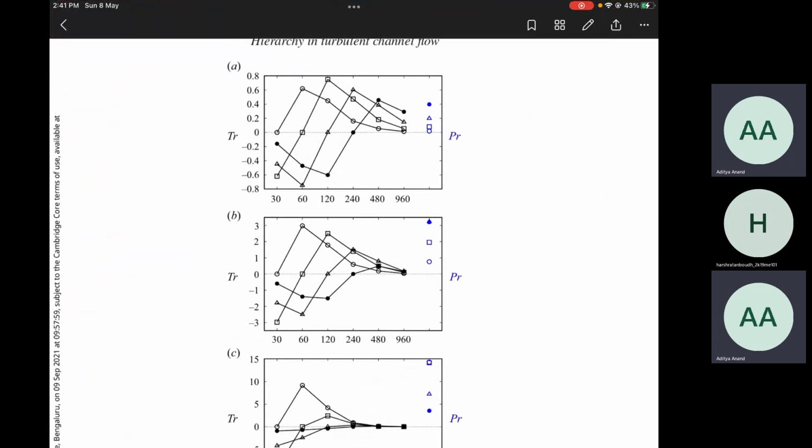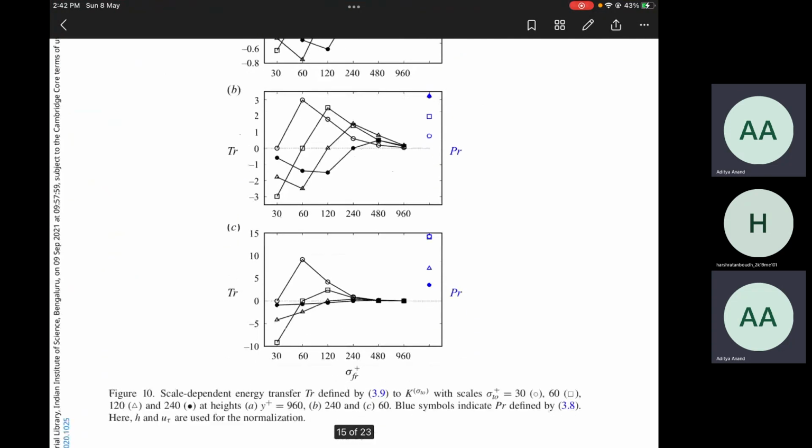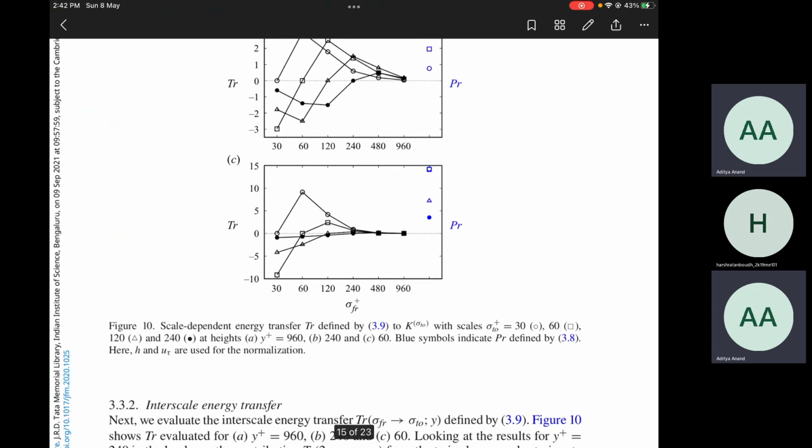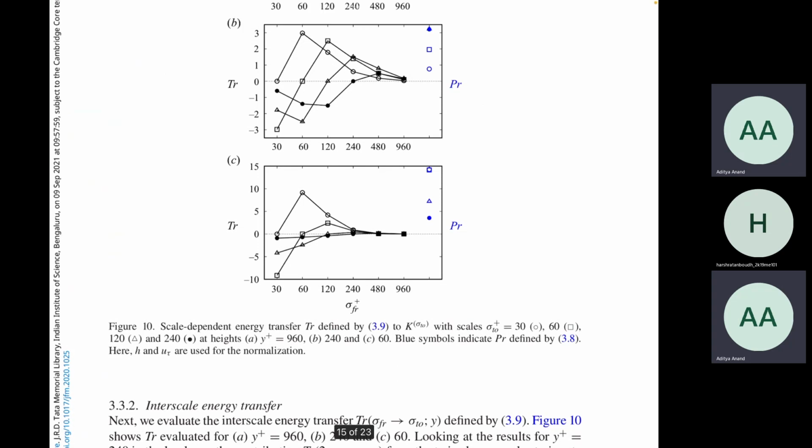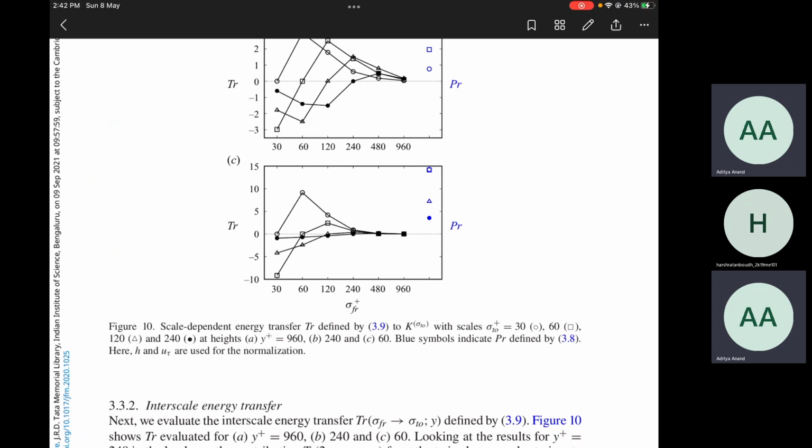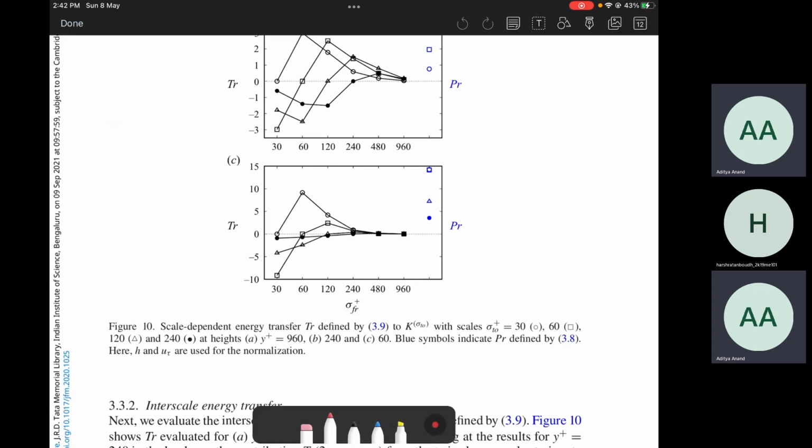Okay, so here they have plotted that transfer of energy from large to smaller scales for several values. Now they have used sigma 2 and sigma from. The transfer is happening from sigma from to sigma 2.